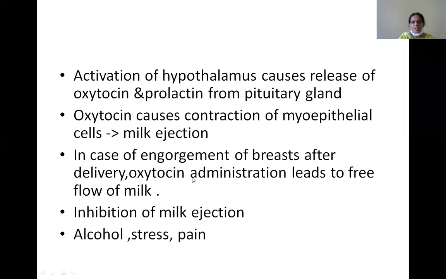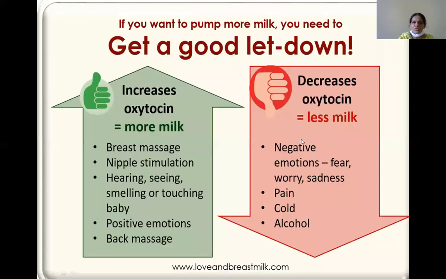What are the inhibitors of the milk ejection? Major inhibitors of milk ejection are alcohol, stress, and pain. Overstimulation of the sympathetic nervous system leads to inhibition of the milk ejection. So what are the things which increase the oxytocin? That is how more milk will be produced.